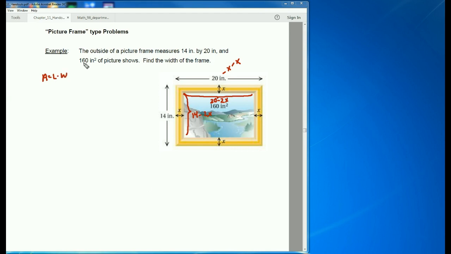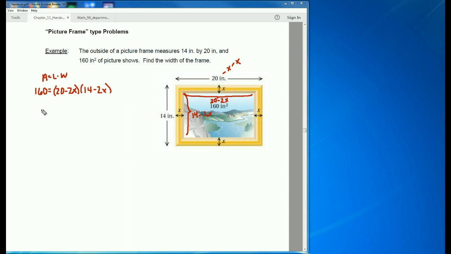And we know the area of the picture, it's 160. And now we have an expression for the length. It's 20 minus 2x. And an expression for the width, which is 14 minus 2x.